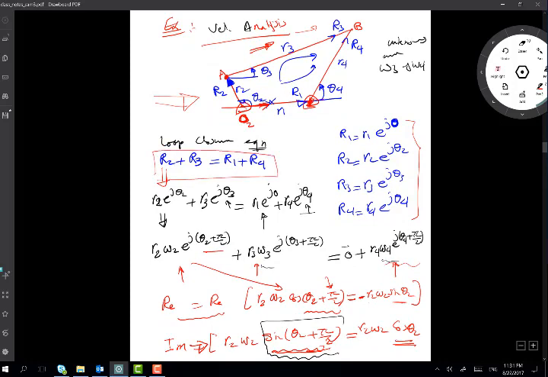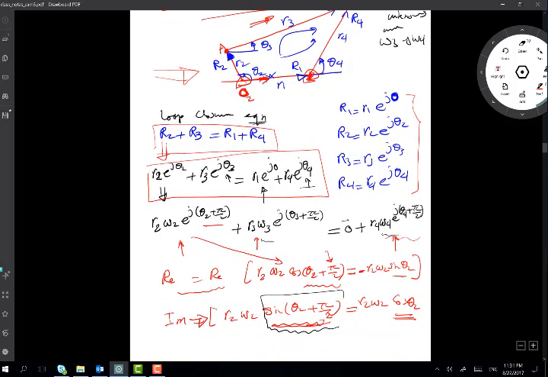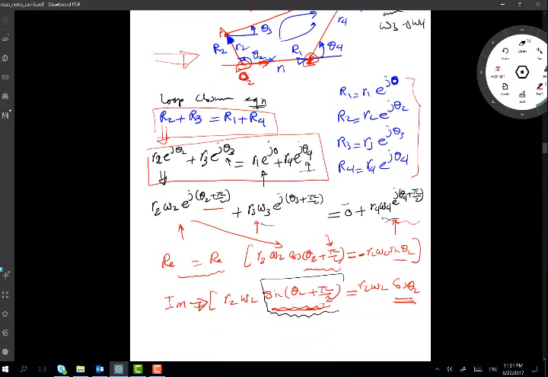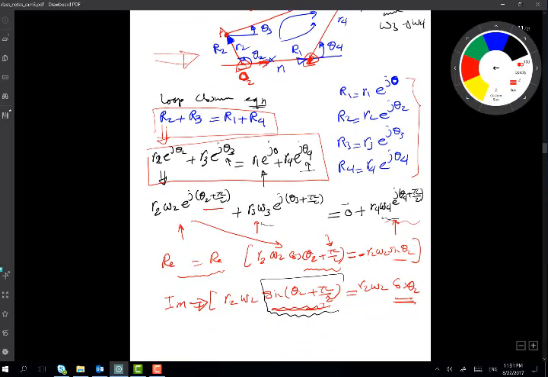And then I wrote it in the polar form, with Euler notation, and then I differentiated my equation. When I differentiate the equation, I end up with what we discovered last time.